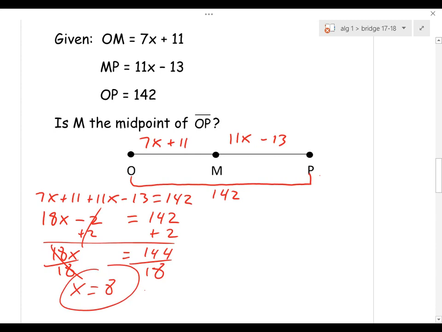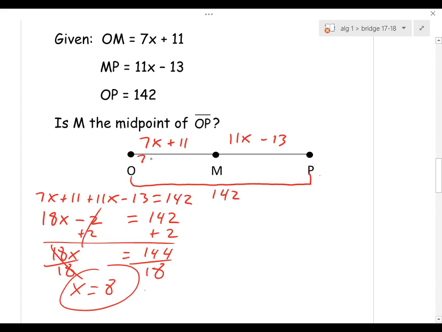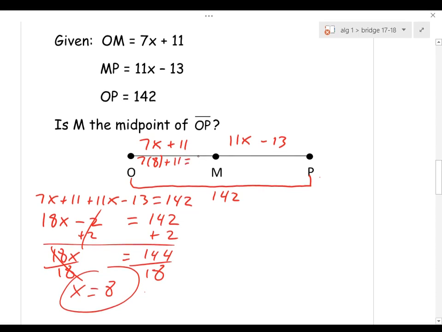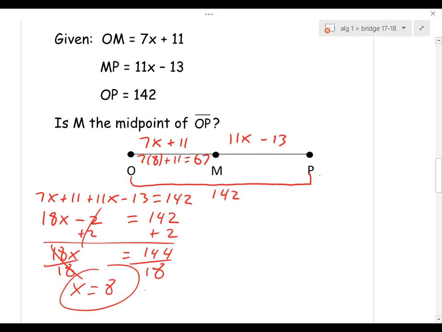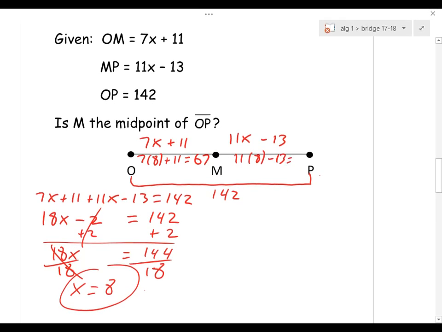Okay, let's evaluate for both segment OM and segment MP. So 7 times 8 plus 11 equals 67. And 11 times 8 minus 13 equals 75.